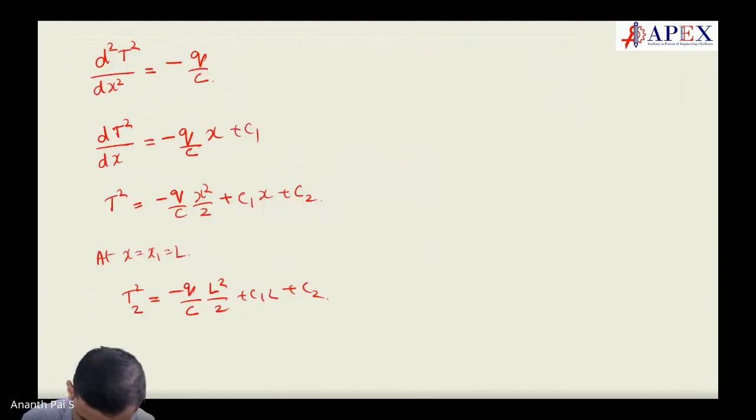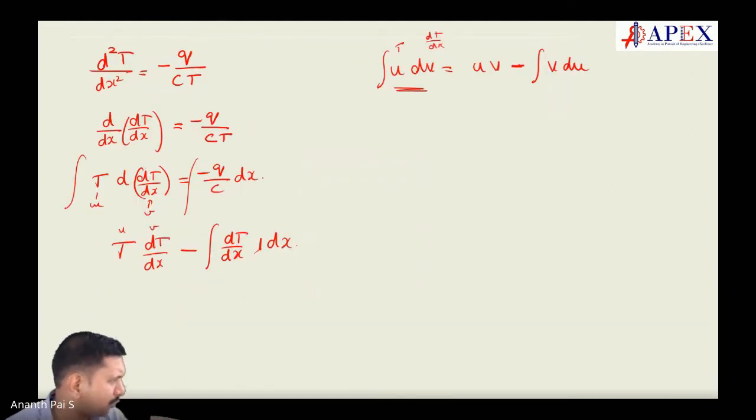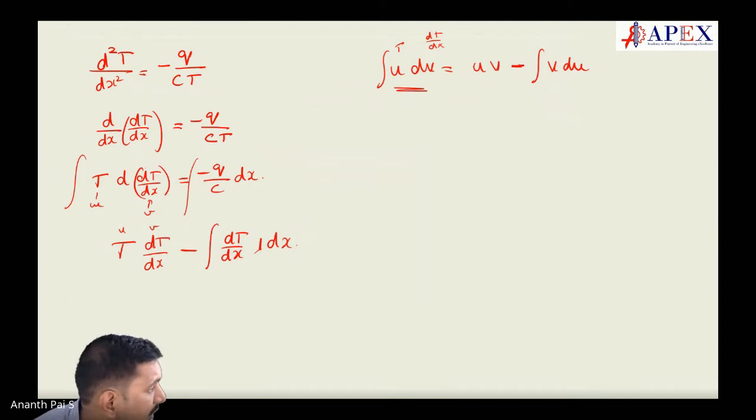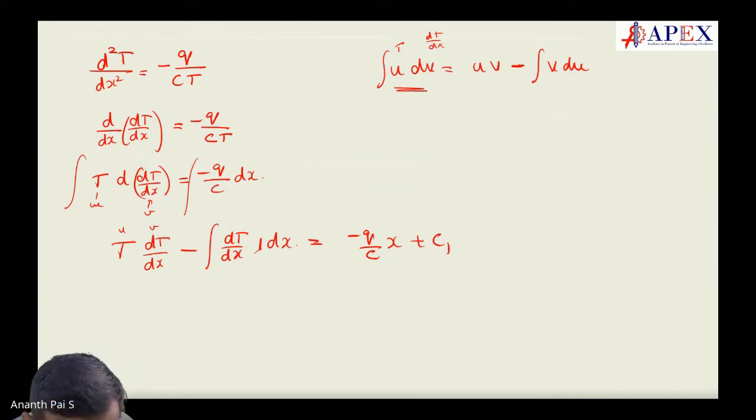So here this is okay. It's good. When we do this, we will get the idea of this, is it not? So t into dt by dx minus integration of dt by dx into dx, right? Correct? Is equal to here minus q by c into x plus c1. Now this dx can cancel, and we can get dt by dx.